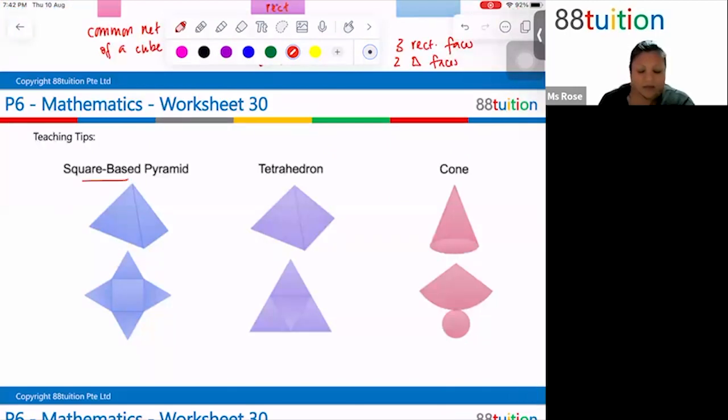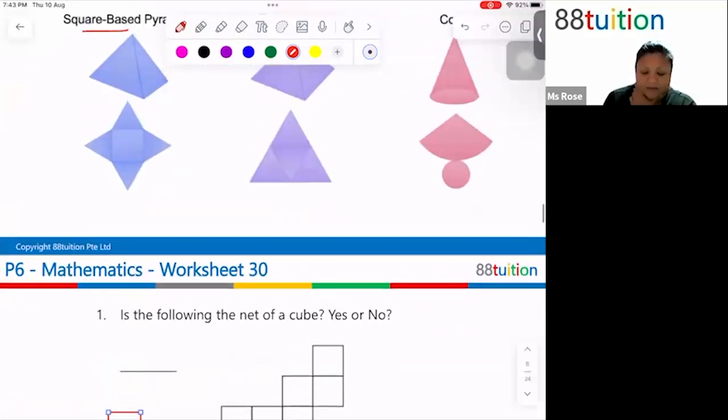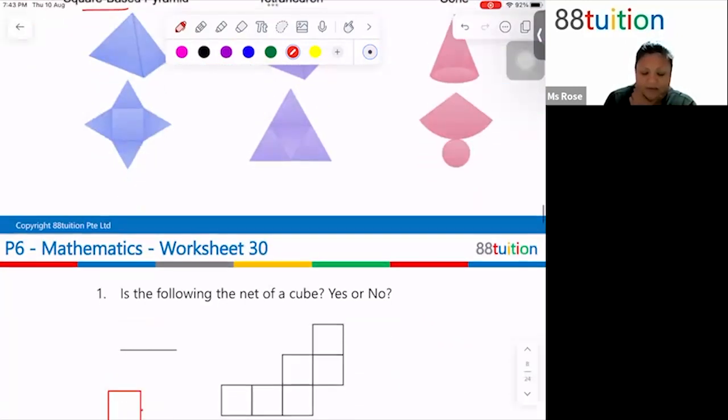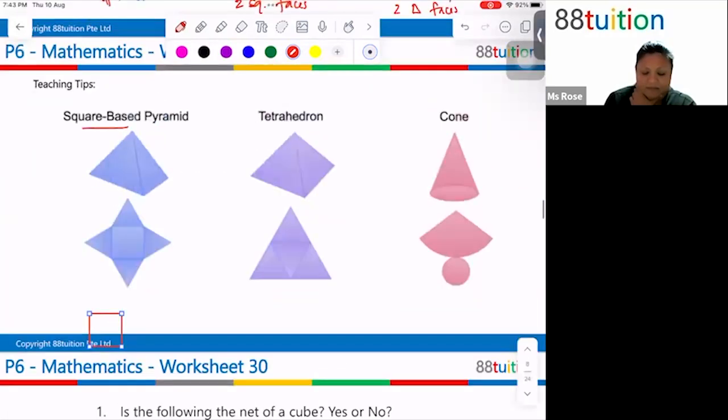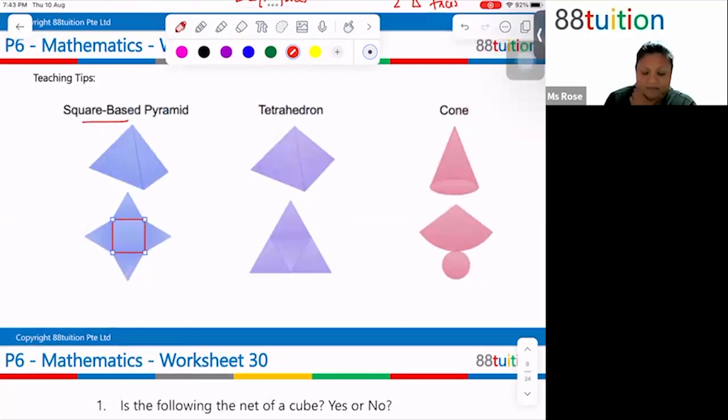So a square-based pyramid has a square, and then all the other triangles can be pointed upwards, whereby you will get the vertex.